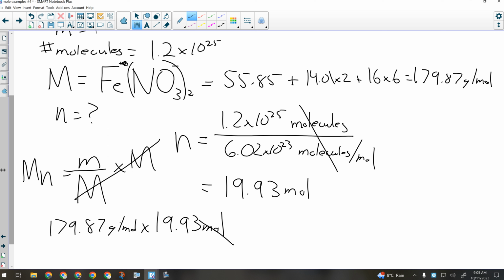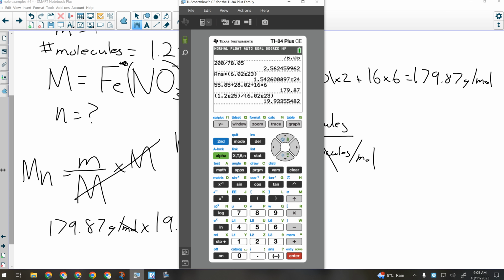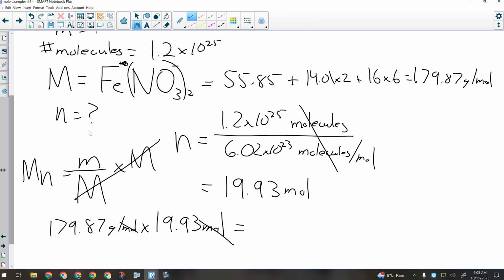Moles are going to cancel, I'm going to be left with grams, and that will be 3,585.45 grams.